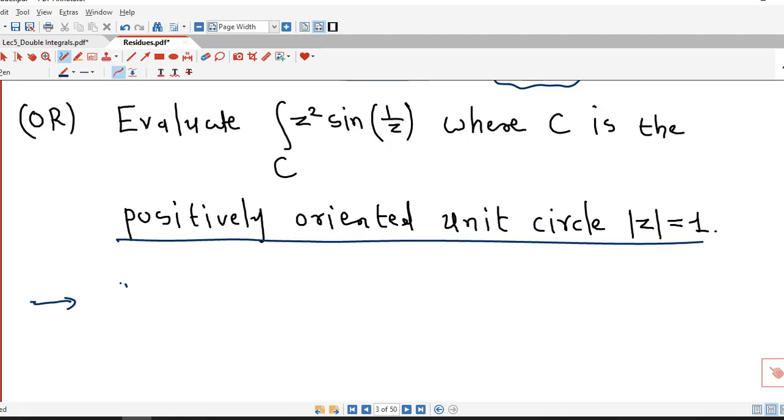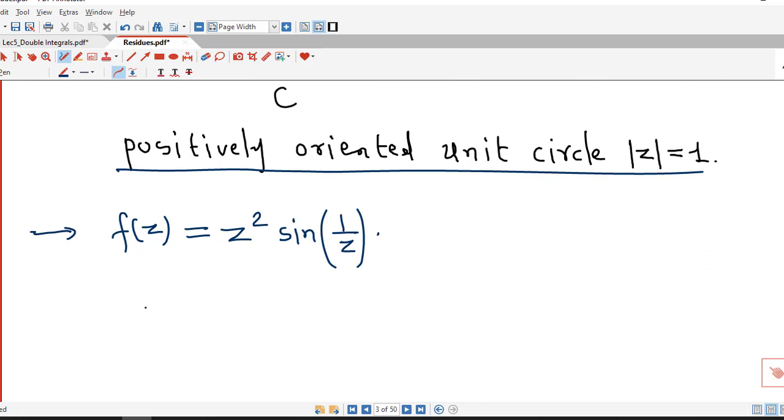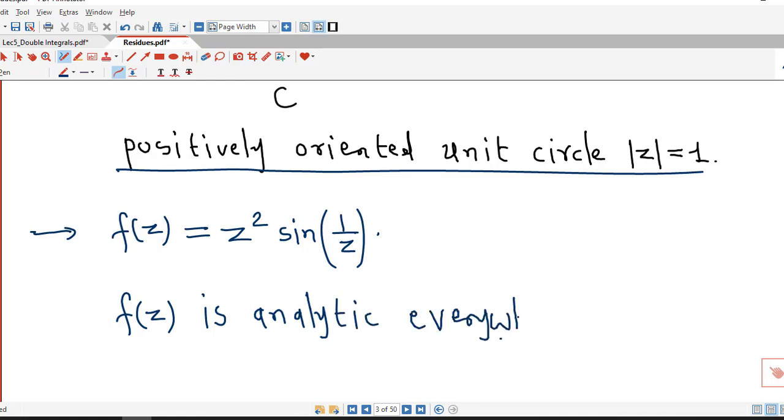So here our function is z square times sine 1 by z, and we know that this function is analytic everywhere except z equal to 0, where 1 by z is undefined. So clearly f of z is analytic everywhere except z equal to 0.